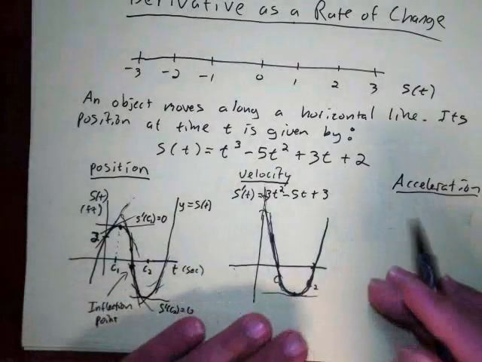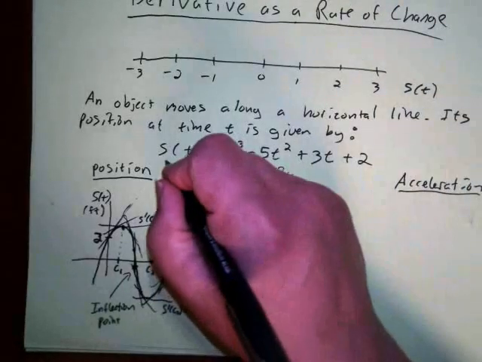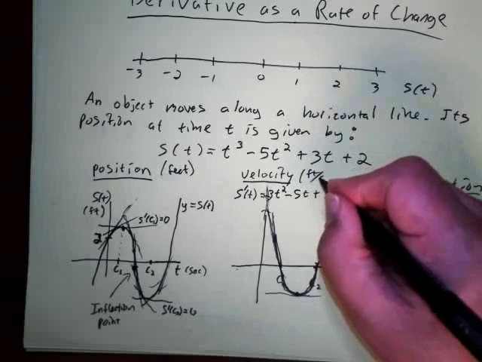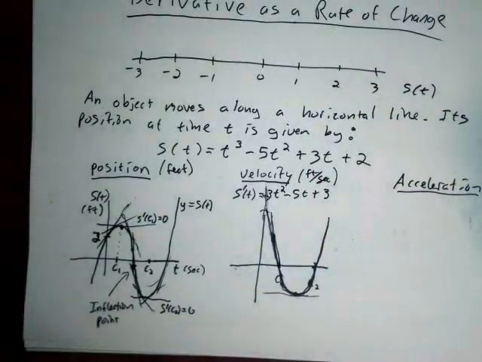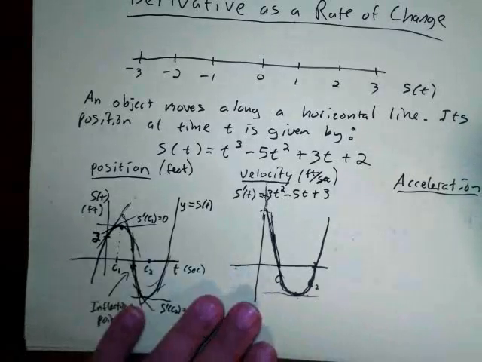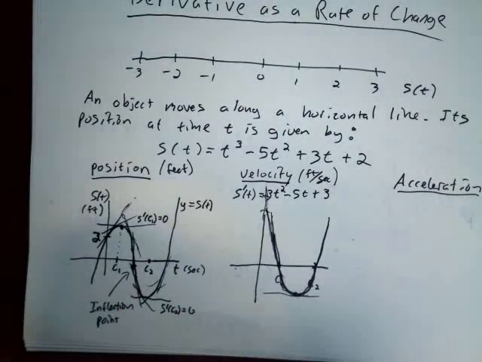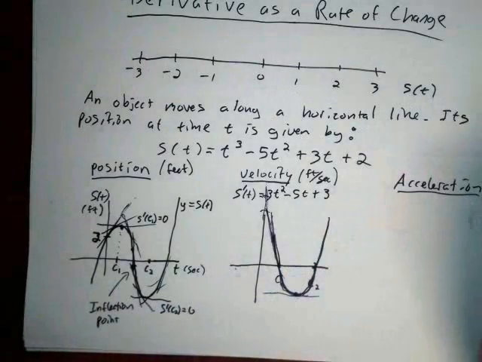The position is in feet, the velocity is in feet per second, and the acceleration is in feet per second per second, which you can simplify into feet per second squared. This is how many feet per second the velocity changes every second, so this is the rate of change of the velocity.